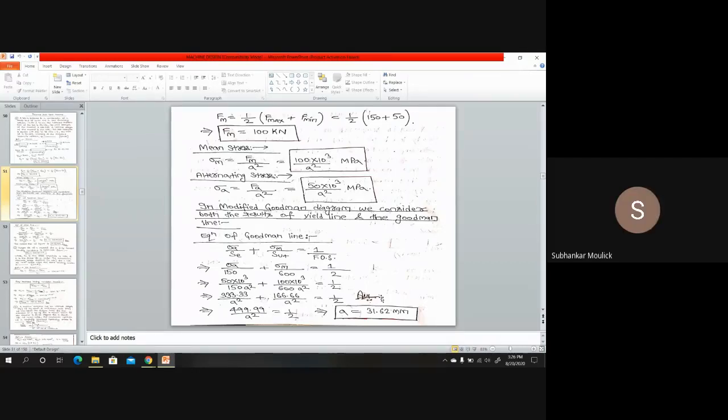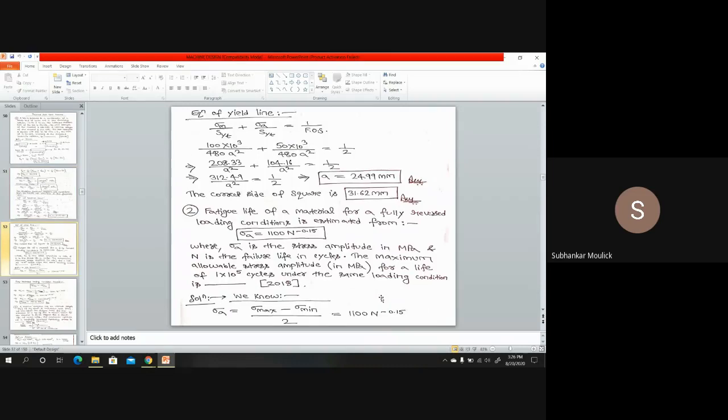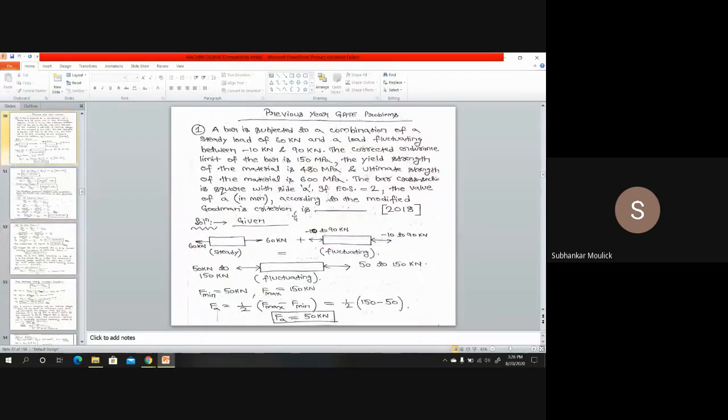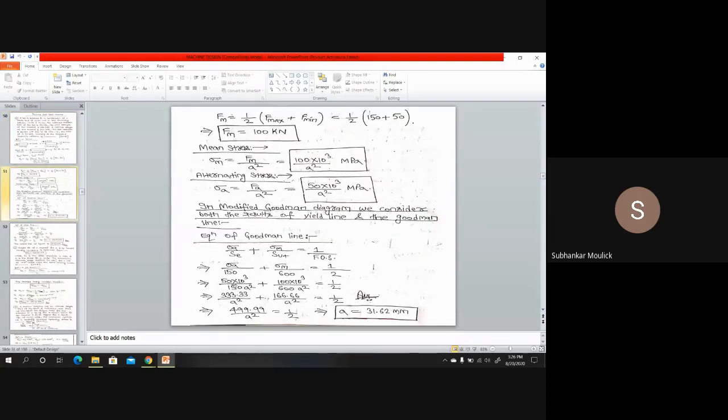Okay, now next, since we have to use the modified Goodman criteria, which is the combination of Goodman criteria and the yield line, again we will find the side of the square A by the yield line.